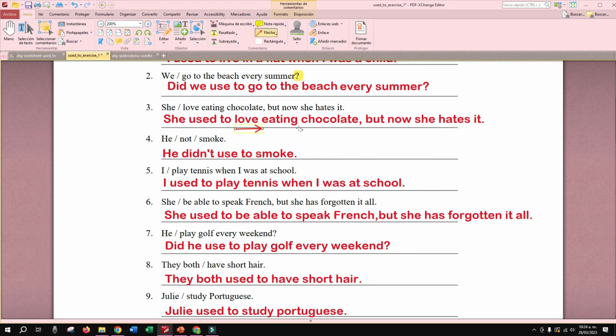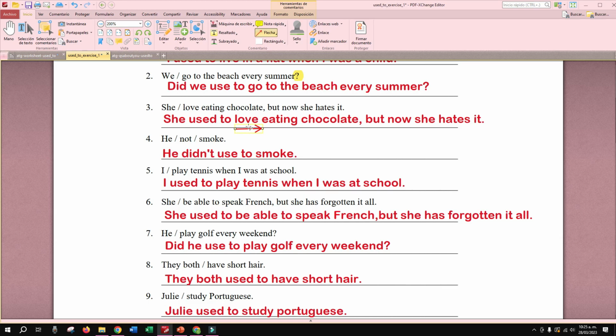And remember that when we have infinitives and gerunds, with this verb, love, we can use both the infinitive or the gerund. We can say, she used to love to eat chocolate, but now she hates it.